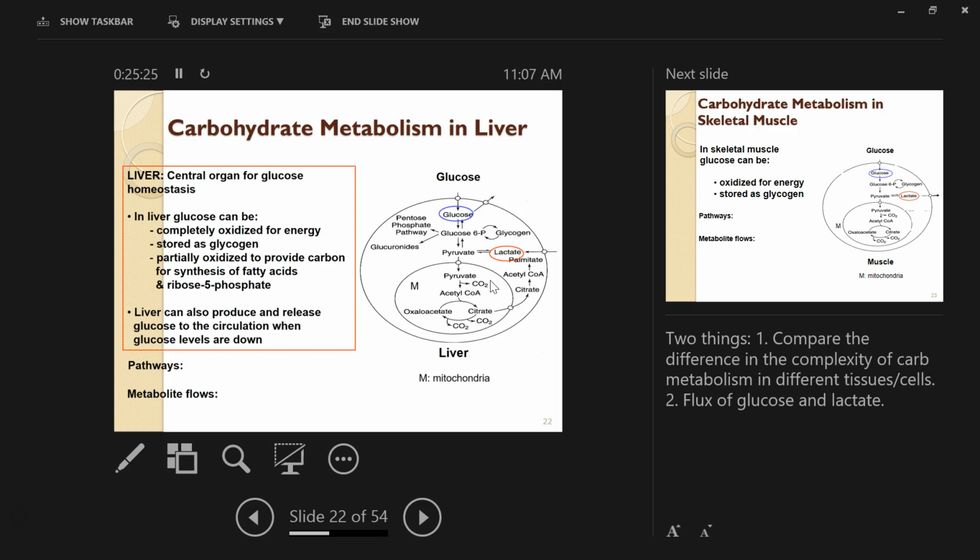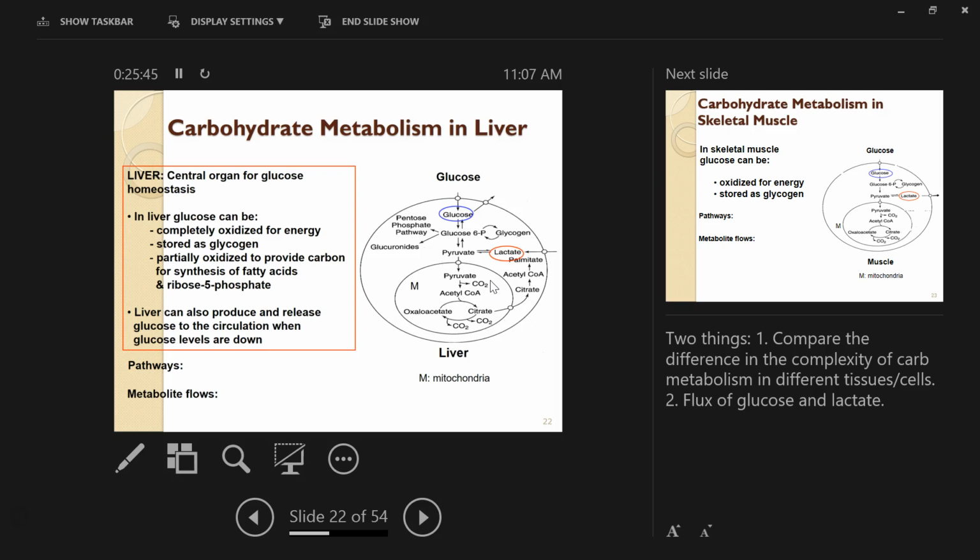And also the pentose phosphate pathway, and gluconeogenesis, which synthesizes glucose from precursors like pyruvate and lactate, and releases glucose during the fasting condition.